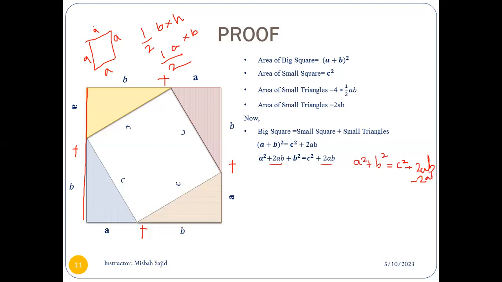Okay? So plus and minus cancel, so A square plus B square is equal to C square, or you can write it as C square is equal to A square plus B square. Hence it is proved that C square is equal to A square plus B square, the Pythagoras theorem.